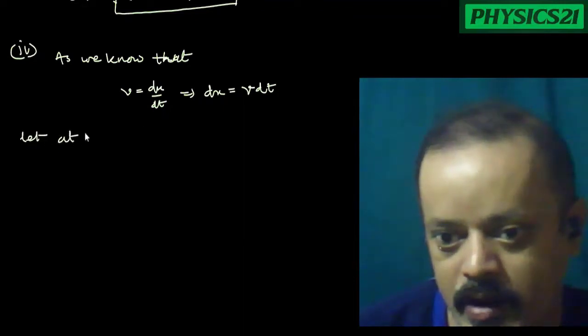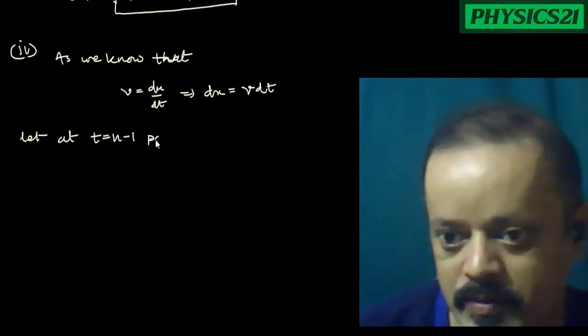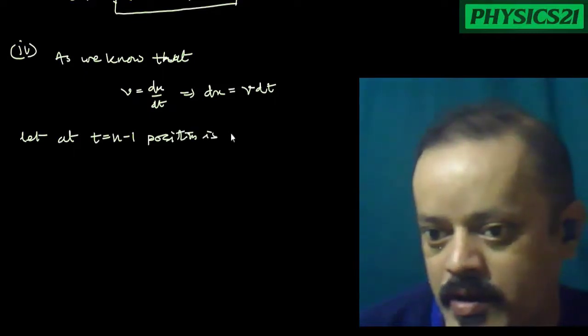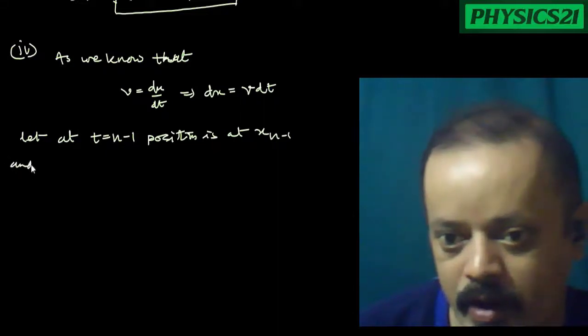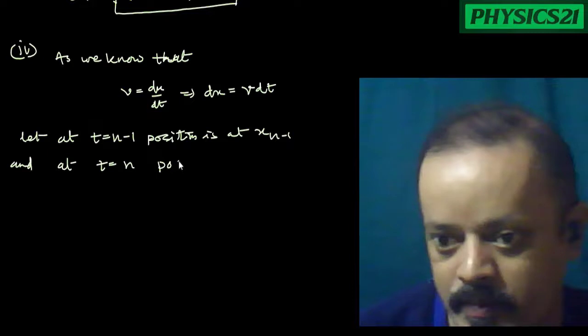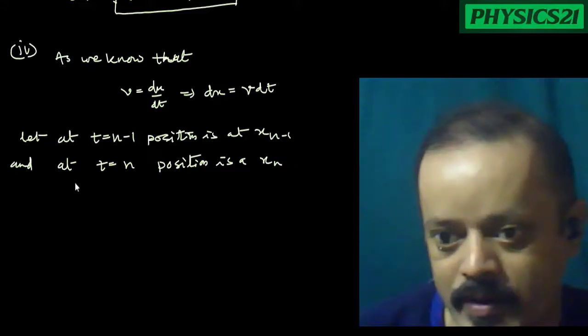Let at t is equal to n minus 1, position is at x n minus 1, and at t is equal to n, position is at xn.